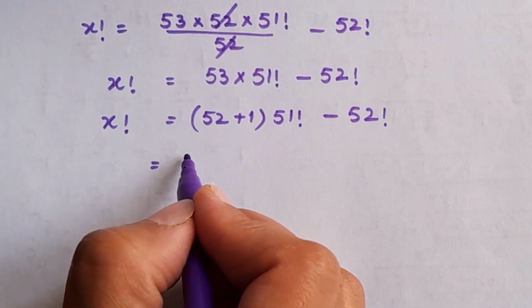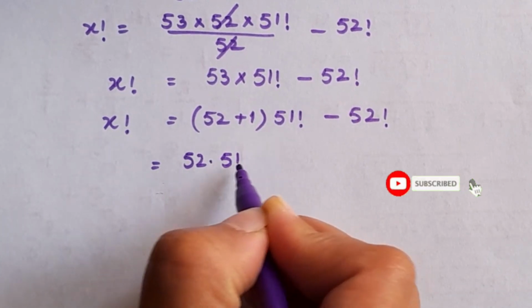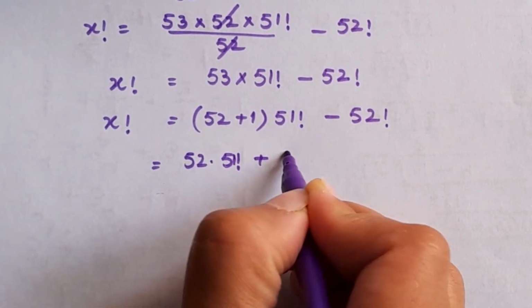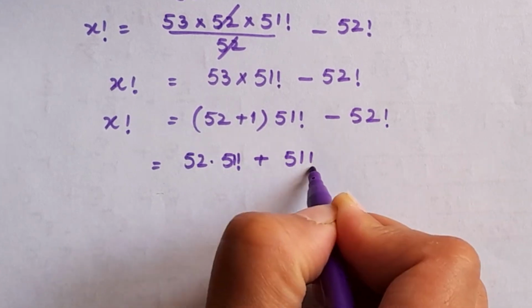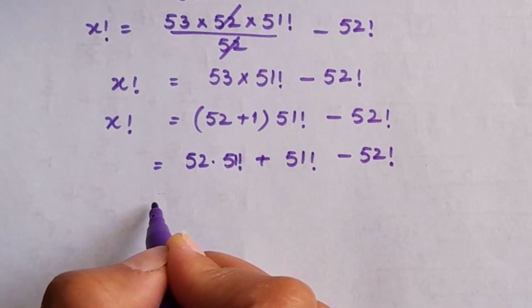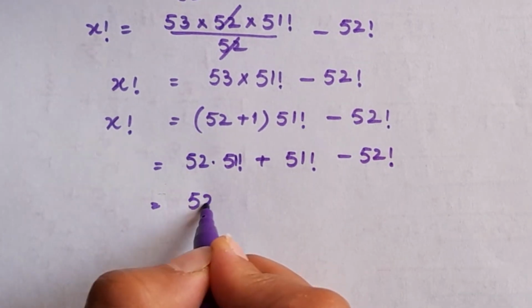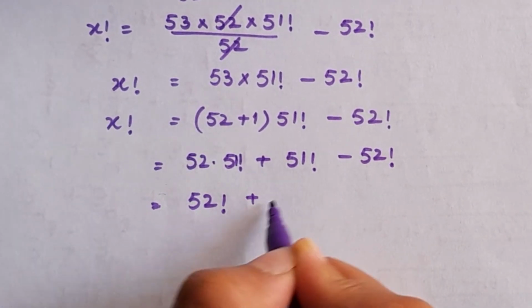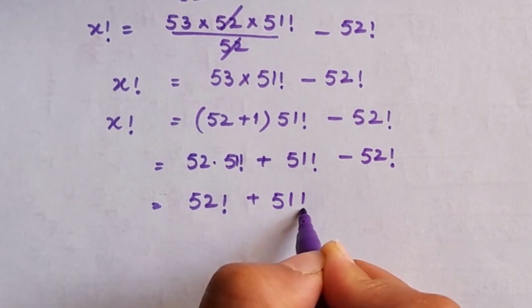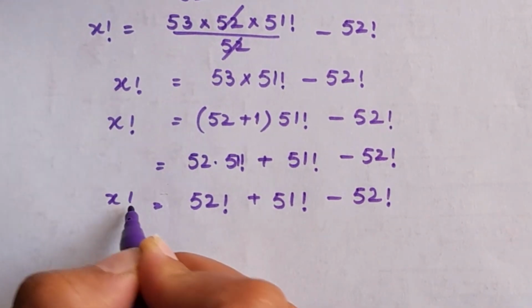When we multiply it by 52, this will be equal to 52 times 51 factorial, plus 51 factorial one time, minus 52 factorial. We can write this 52 times 51 factorial as 52 factorial, plus 51 factorial minus 52 factorial, and this is all equal to x factorial.